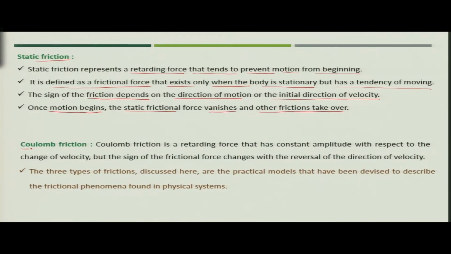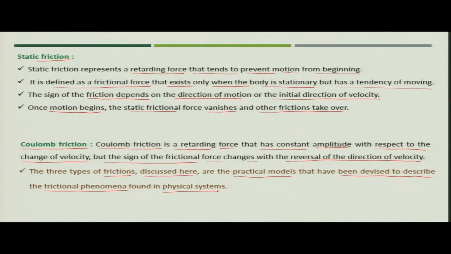Now, the third friction type is Coulomb friction. Coulomb friction is a retarding force that has constant amplitude with respect to the change of velocity, but the sign of the frictional force changes with the reversal of the direction of the velocity. These three types of friction which we have just discussed are considered to be the practical models that have been devised to describe the frictional phenomena which we find in physical systems.